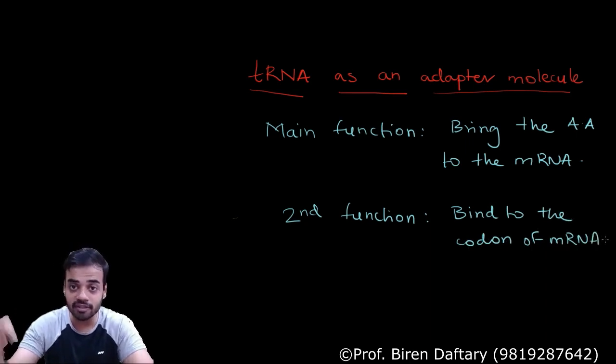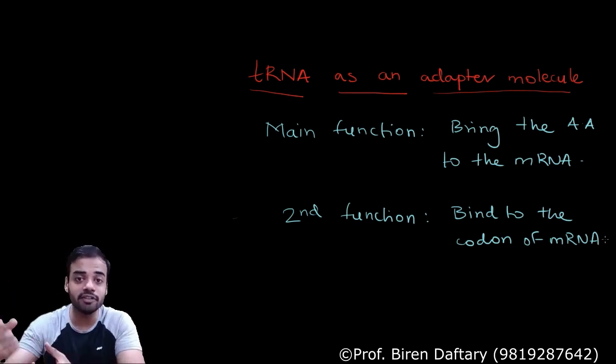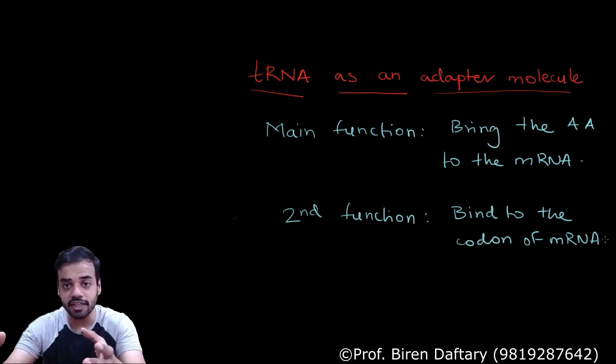It is bringing the amino acid with it, and it is also attaching to the codon of the mRNA. Now how will it attach to the codon of the mRNA? Very simple. There is a complementary triplet nucleotide sequence called the anticodon, or NODOC, which is present on the tRNA, and that is going to bind with the codon on the mRNA. Correct? So two functions of tRNA.